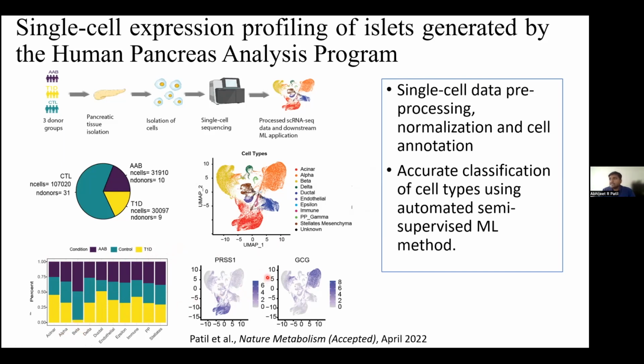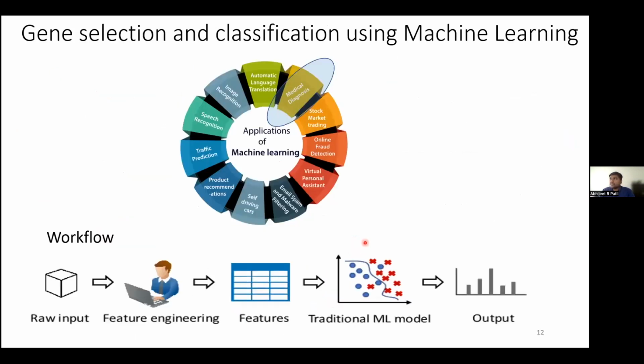And this is the marker feature plot showing the marker expression of PRSS1, which is for acinar cells, and glucagon, which is for alpha cells, which is highly enriched in this plot. This particular data has I think 67 donors, and it's already published in Nature Metabolism as well.